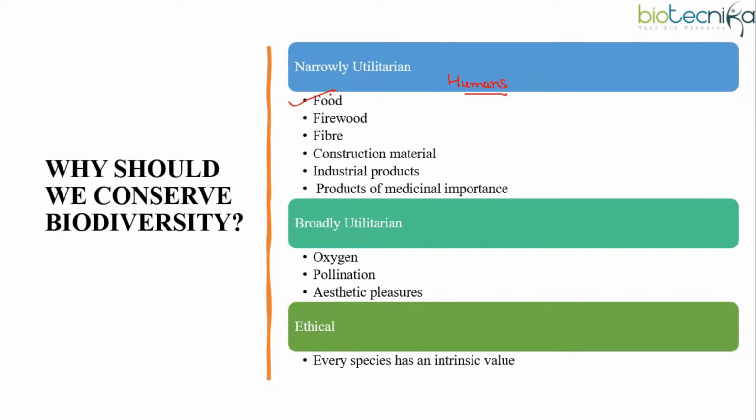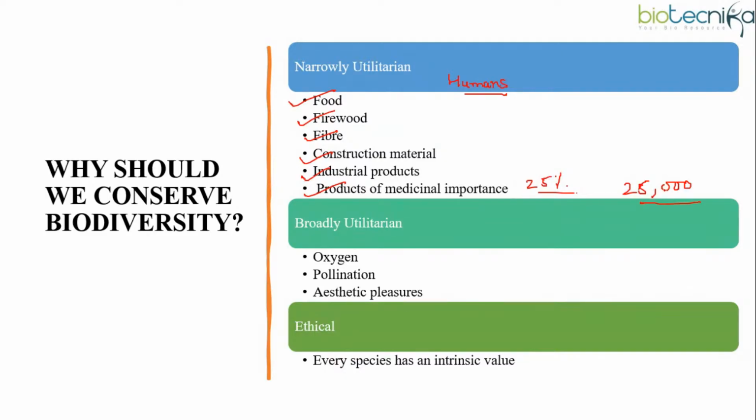We get food from nature, cereals, pulses, fruits; we get firewood, fiber, construction material; we get industrial products like tannins, dyes, lubricants, resins, perfumes; and even products of medical importance, right? In the drug market, 25% of the drugs currently sold worldwide are derived from plants, and 25,000 species of plants have contributed to the traditional medicines used by native people around the world.